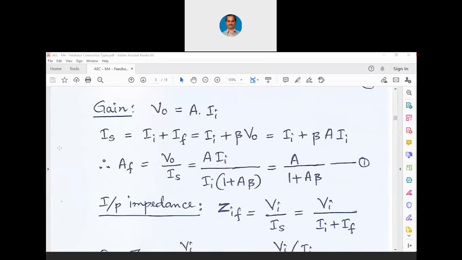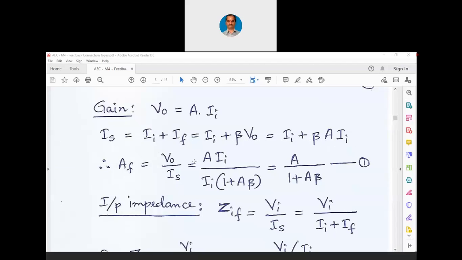So gain here is Vo equals A into Ii. Is equals Ii plus If, as already told earlier. If is nothing but beta into Vo, because that is the feedback current. So Vo is nothing but A into Ii. So Is equals Ii plus beta into A into Ii. Therefore, the feedback gain is Vo by Is.